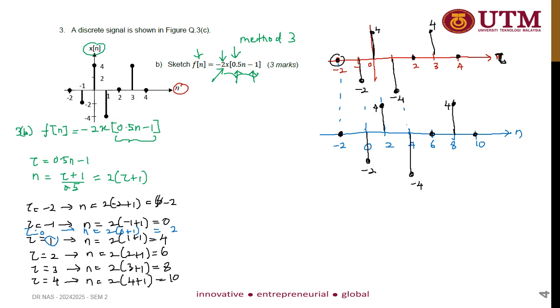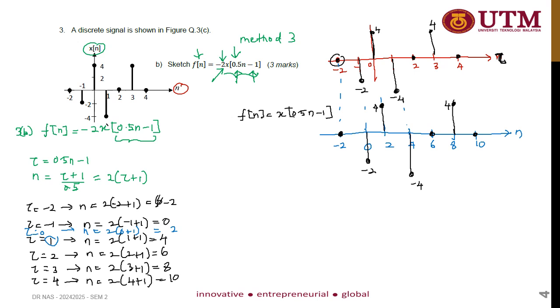Now this is the function for f(n) equal to x(0.5n minus 1).